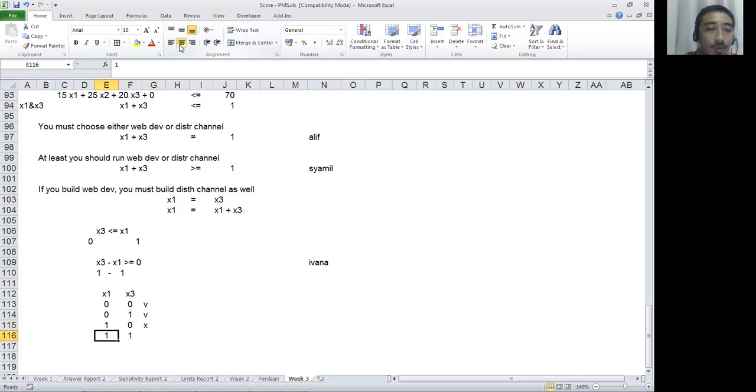But how about this one? This is okay, right? And you try to add this up and subtract this, and try to find which one gives you a pattern there.